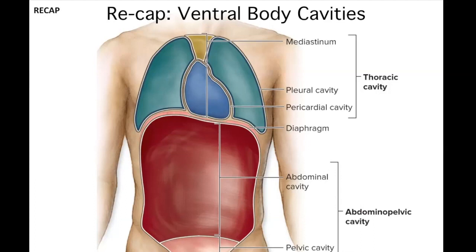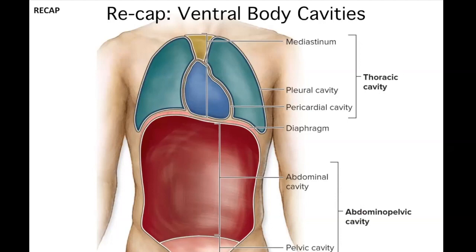You had your lungs, you had your heart, and then not shown, you would have all your guts, right? Your liver, your stomach, your small intestines, right? All those would be within there. And so these are all lined with what's called these pleural, pericardial, or, well, not shown here, but that would be the peritoneal cavity. All right.